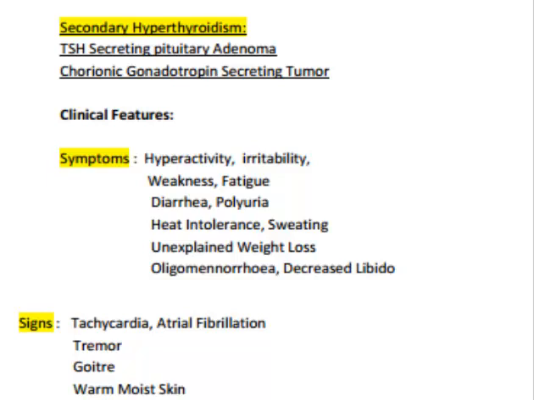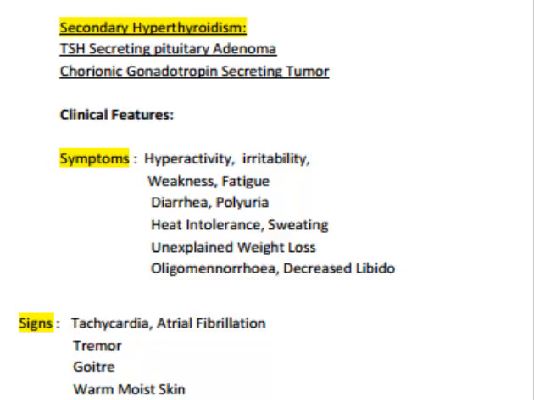Now, what are the clinical features of hyperthyroidism? Symptoms are hyperactivity, irritability, and dysphoria, weakness, fatigue, diarrhea, polyuria, heat intolerance, and excessive sweating, unexplained weight loss in spite of normal appetite, and oligomenorrhea and decreased libido.